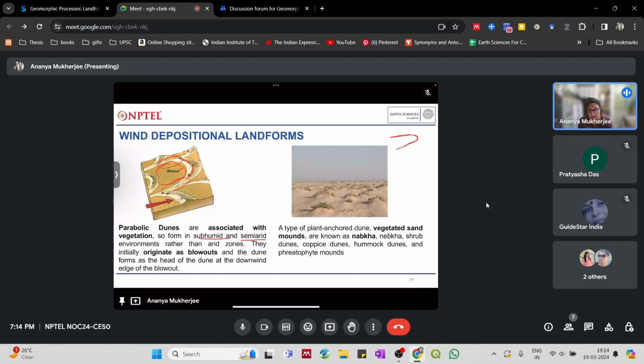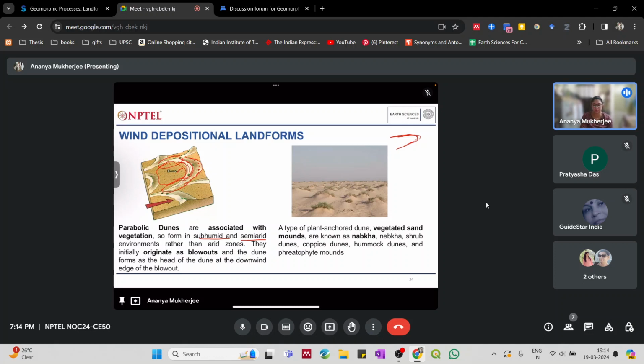Since the vegetation here is holding on to the sand, it ends up taking a dune geometry, and the wings of the parabolic dunes grow with the continuous blowing of the winds, and then take up this parabolic shape.